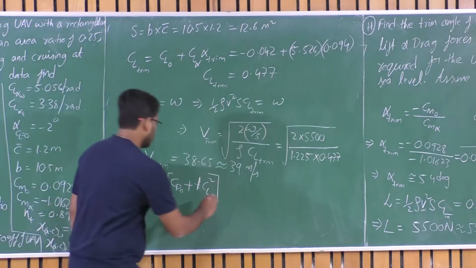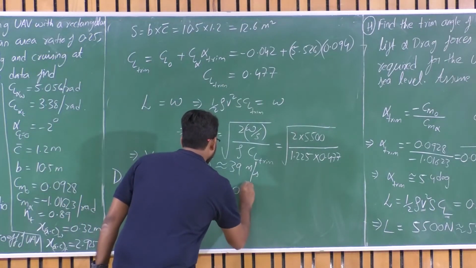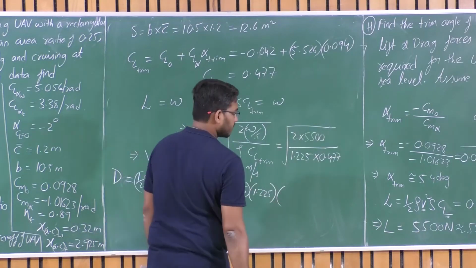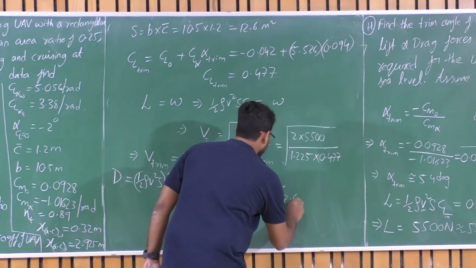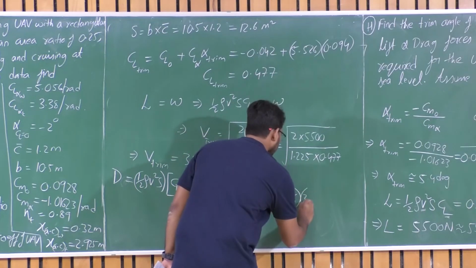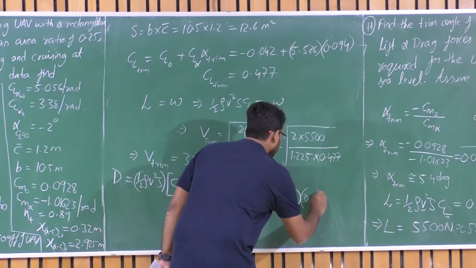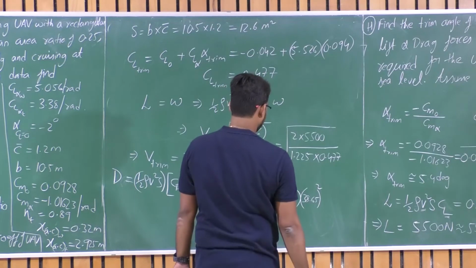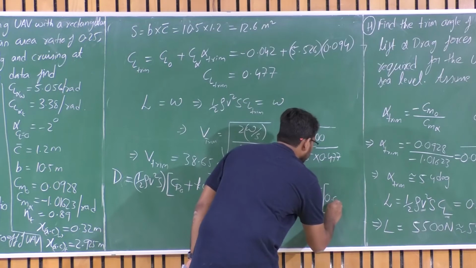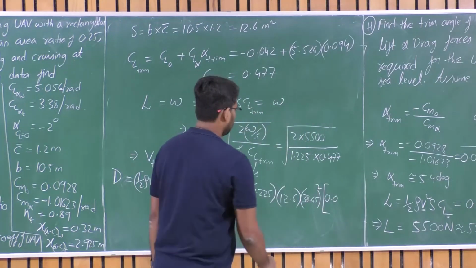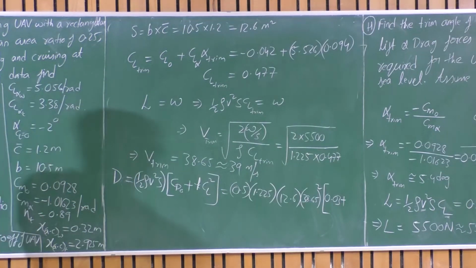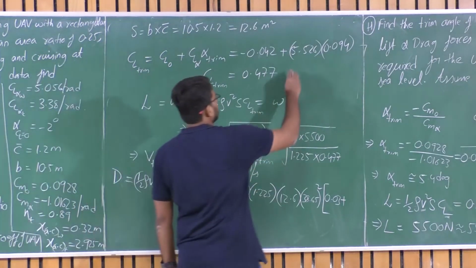So if you do that, what you are going to have is 0.5 times 1.225 times the reference area 12.6, times V square, 38.65 square, okay, half rho V square times CD naught, which is 0.03, plus K. We need to find out K, right? We don't have the value of K.